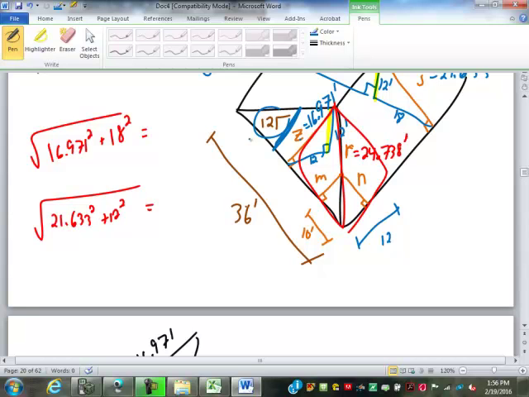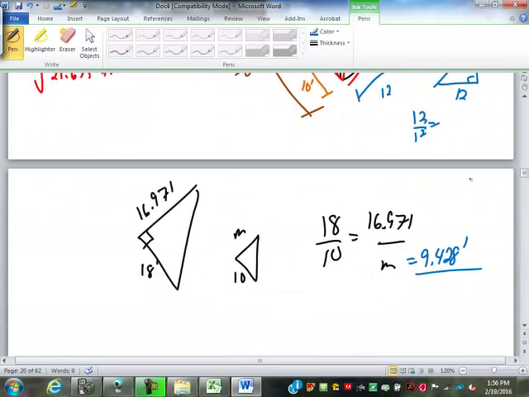How did you get 16.971? Well, this height of 12 was from over here, right? Yes. So we got the setback is 12 from the 12-12 slope. We had a height of 12 and a 12-12 slope, so 12 over 12 equals 12 over 12 gives 12 here, and then A squared plus B squared equals C squared.